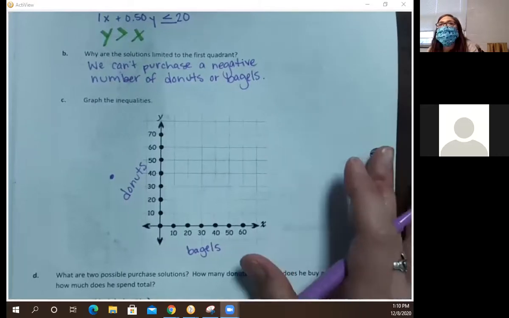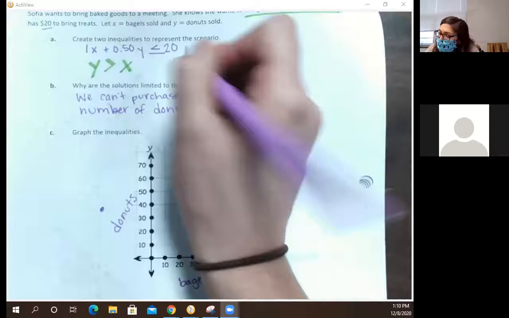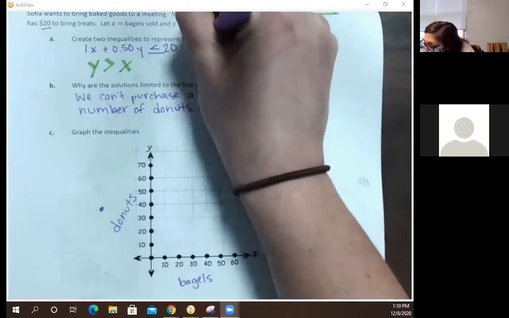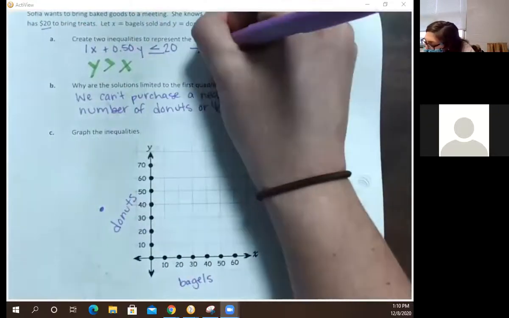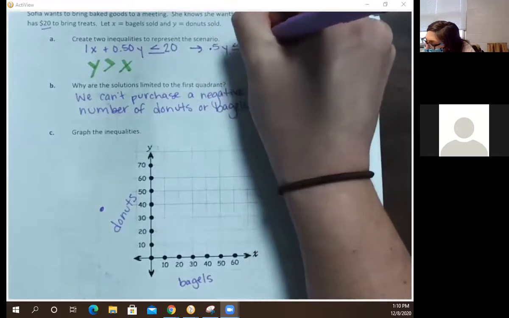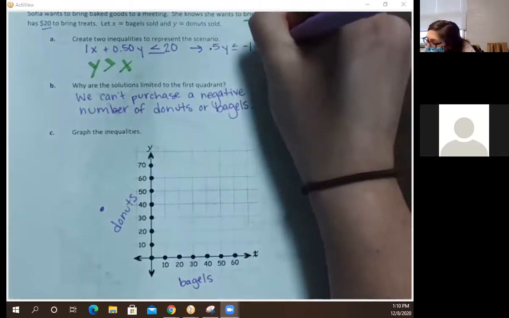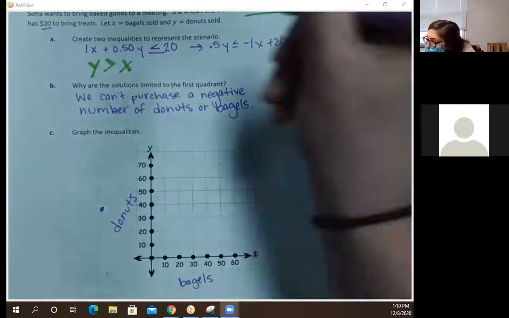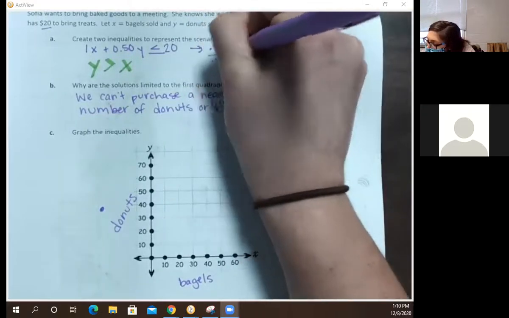So let's go ahead and graph our system here. I'm going to change this first equation into slope-intercept form. I'm going to move that x to the other side. That would give me 0.5y is less than or equal to negative 1x plus 20. And then to get y by itself, divide each term by 0.5.